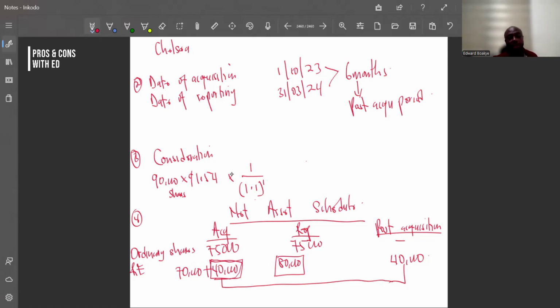That's giving us the 80,000. But even before we purchased the company, there was some retained earnings standing somewhere, because these two are profit for the year. But the 70,000 is a retained earning which was there from previous years, even before they started the current year.